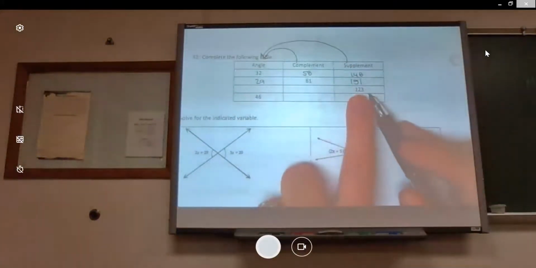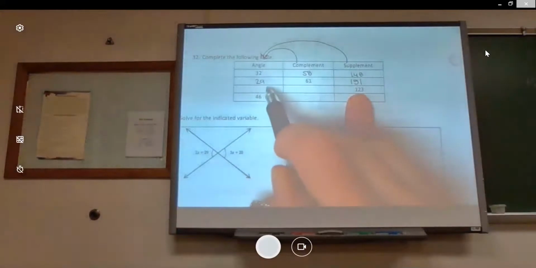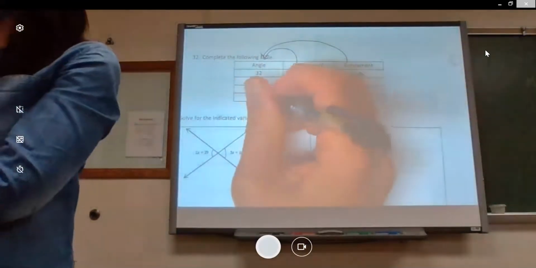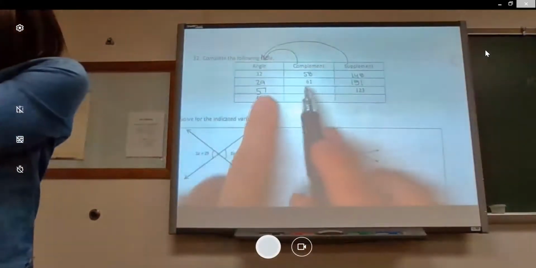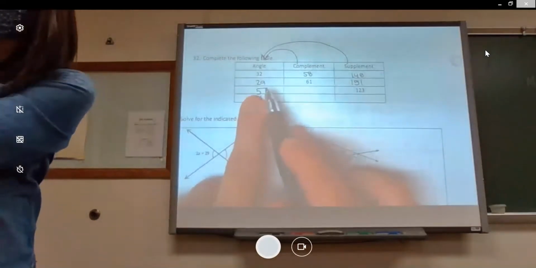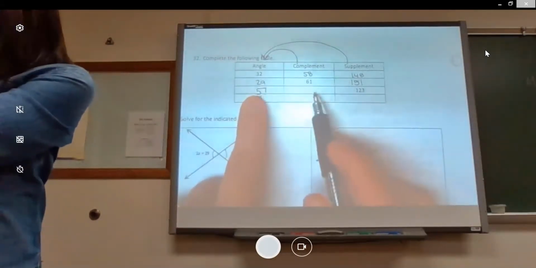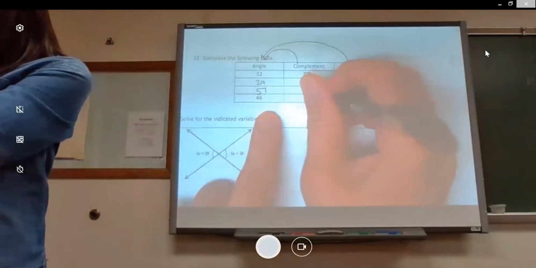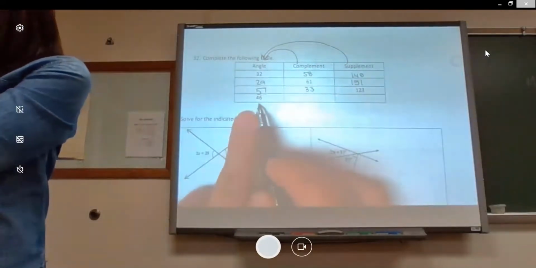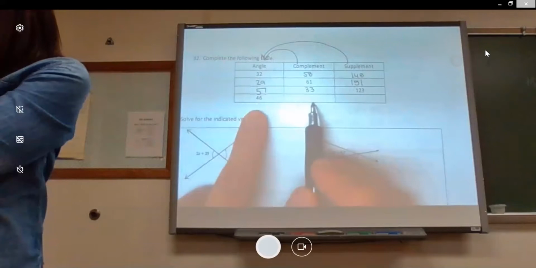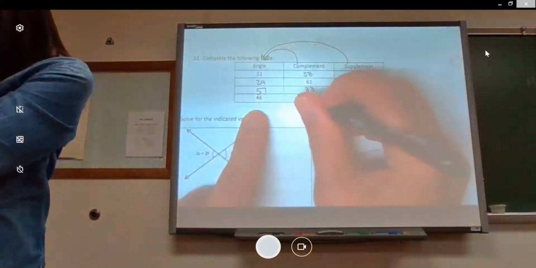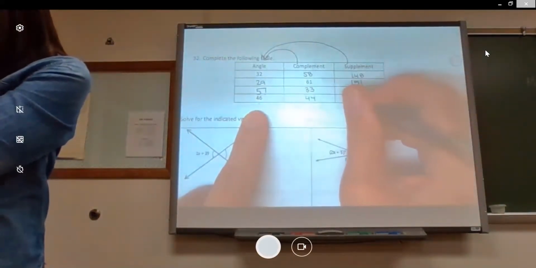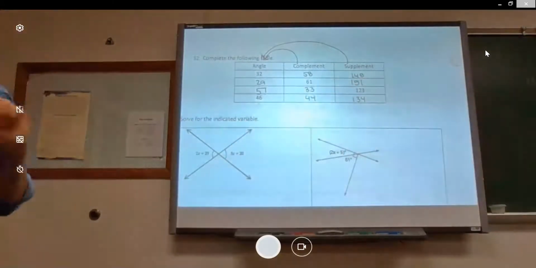If this is the supplement, then my original angle would be 57. And now I use the original angle and find the complement to that angle, which would be 33. And then this one gives me my angle, so the complement to 46 would be 44, and the supplement would be 134. So just be really careful with that table.